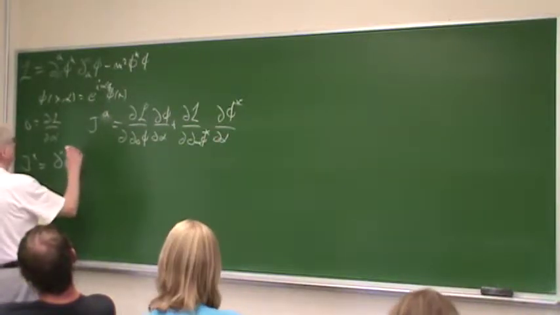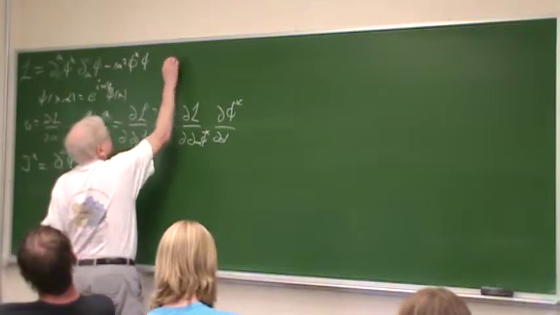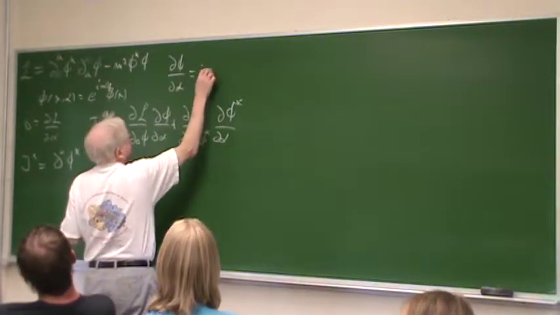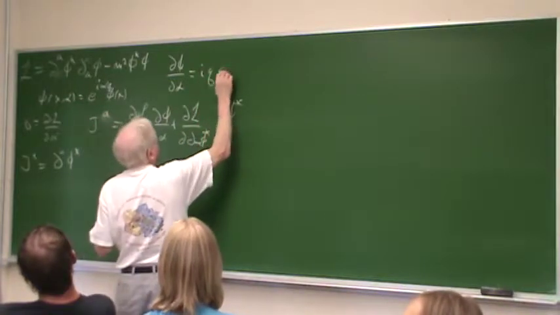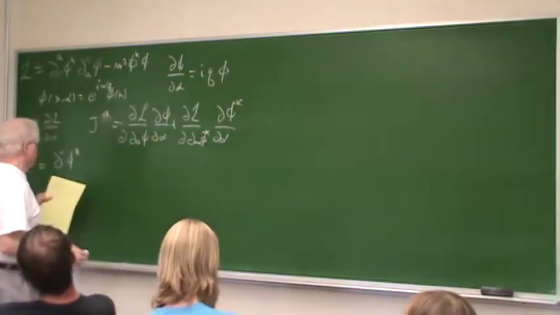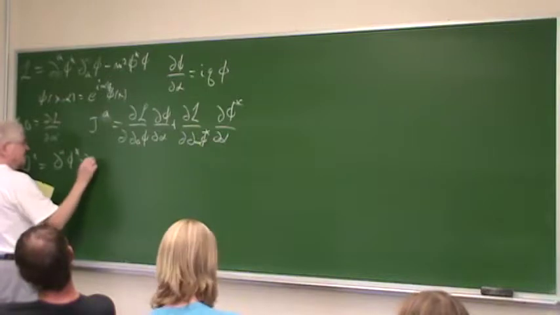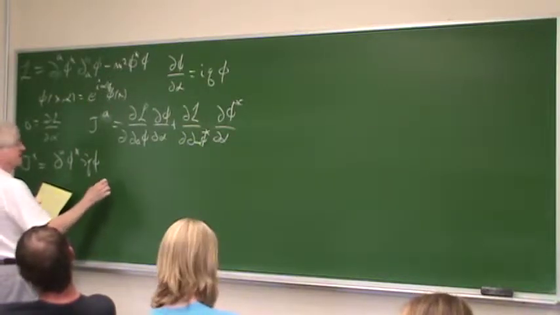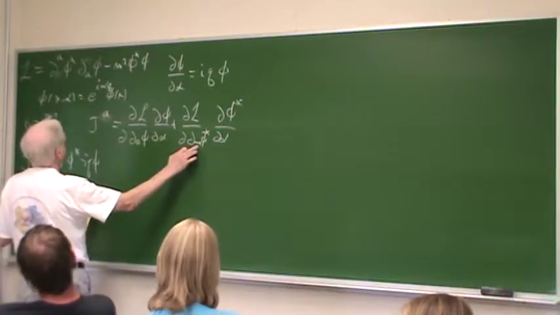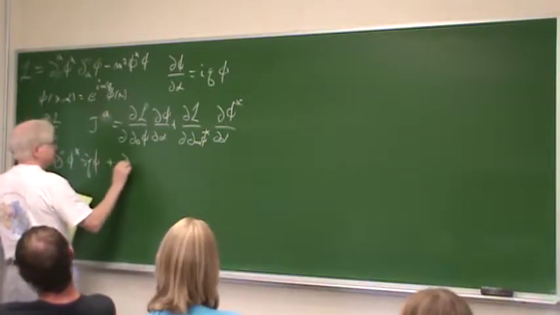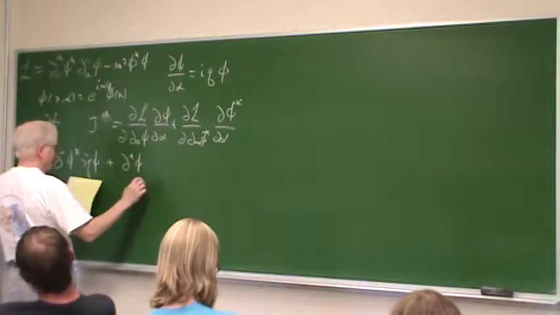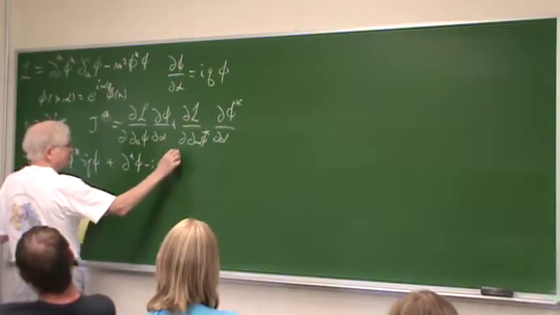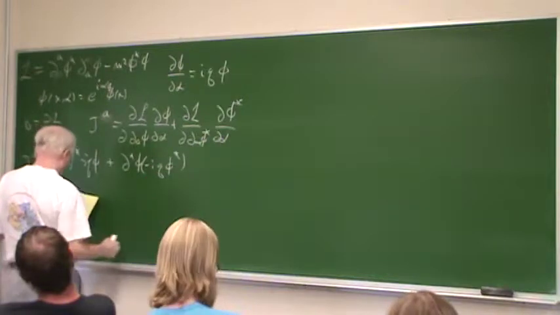What is the derivative of the field? Well, it's just IQ phi. And so this is IQ phi. And then the next one is the derivative with respect to phi star. Well, that's d_A phi and minus IQ phi star.